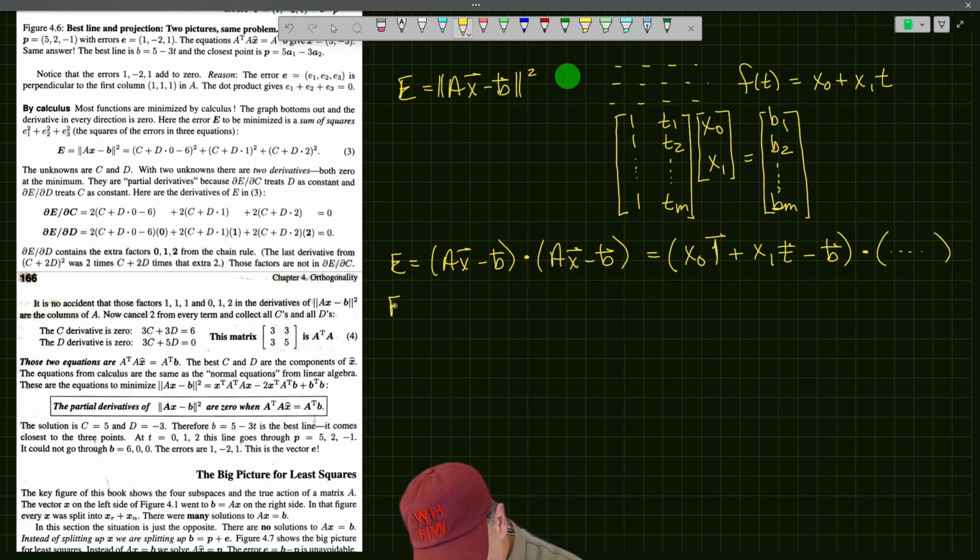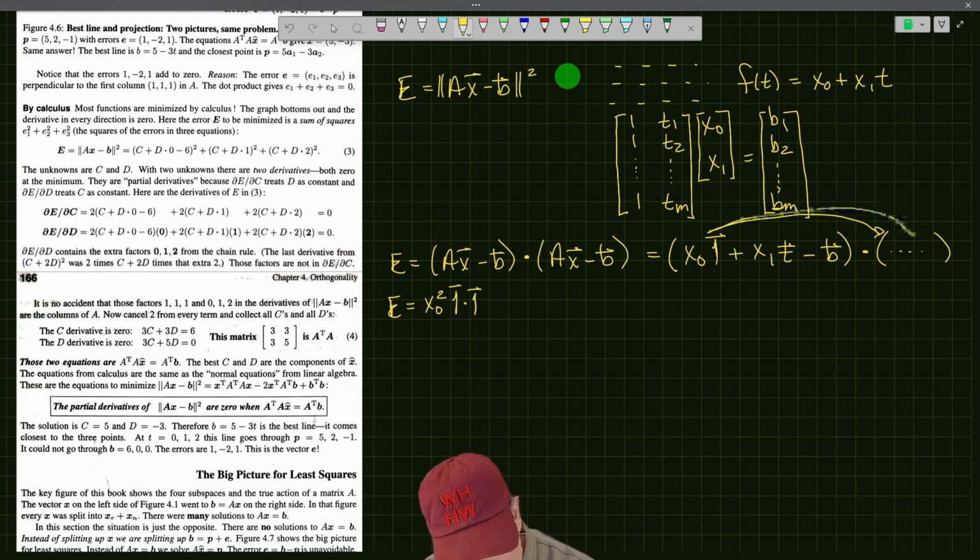Well, that means the error is going to be equal to, and now I need to go through and come up with all of the pieces that are in here. So first of all, we have an x naught squared, 1 dotted with 1. That's going to be this with the first one. This with the second term, that's going to occur twice, once there and once here.